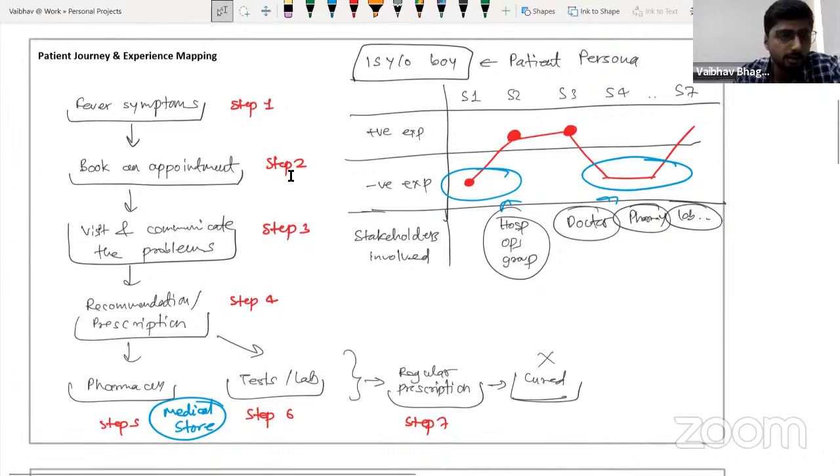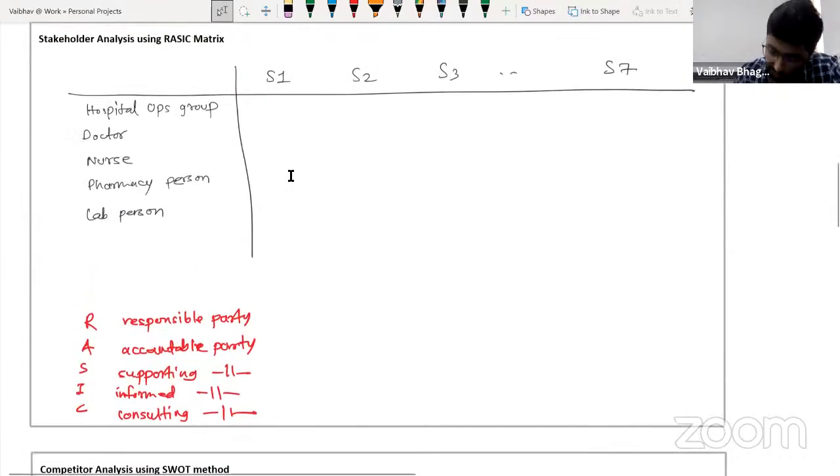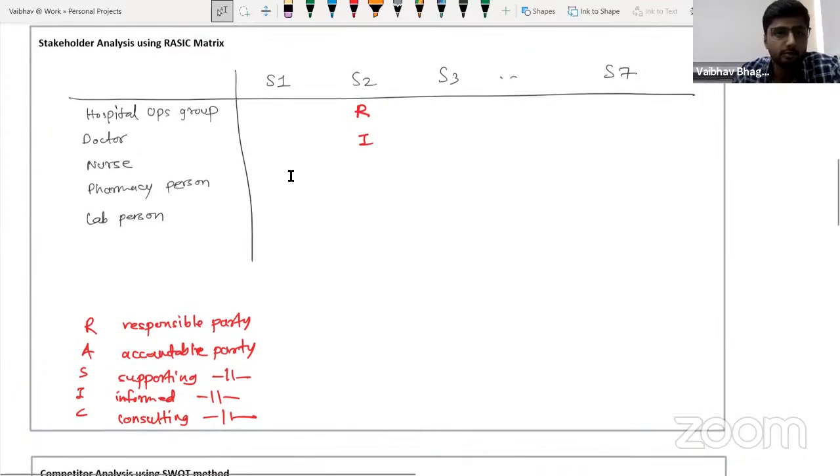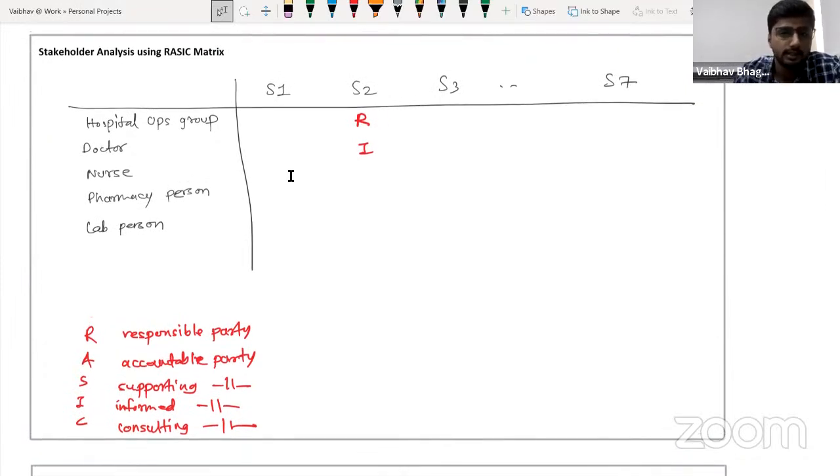So let's start from step number 2, booking an appointment. So here you basically have the involvement of the hospital operational group. So these are the responsible party here. Then the doctor is informed that, okay, such booking has happened and you have to be prepared for whatever consultation you will provide. Then these people are not directly involved at this current step.